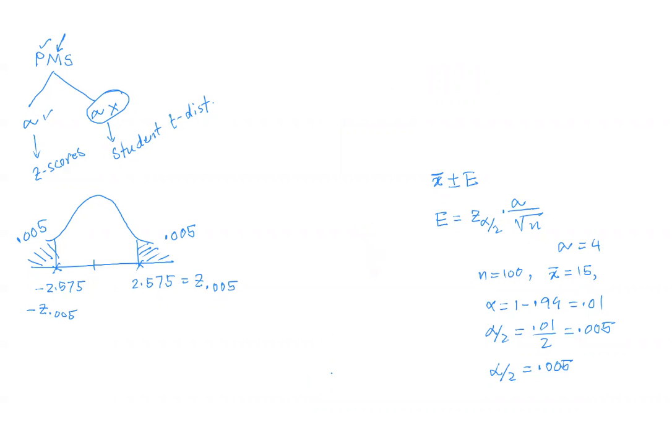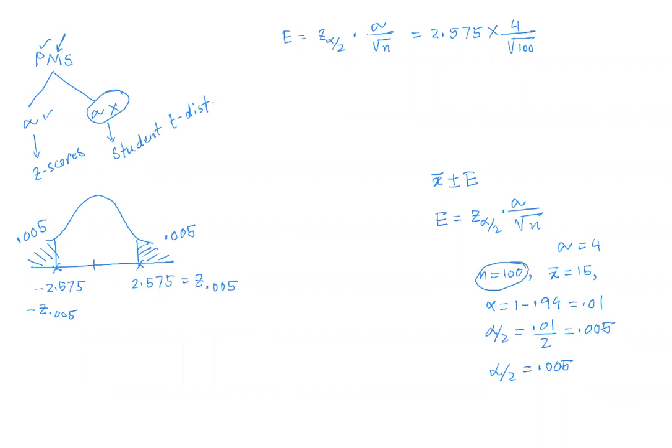So let's do the margin of error. E is equal to Z sub alpha over 2 times sigma divided by the square root of the sample size. This is really an easy problem. 2.575 times sigma, which is 4, divided by the square root of what? 100, the sample size is 100.